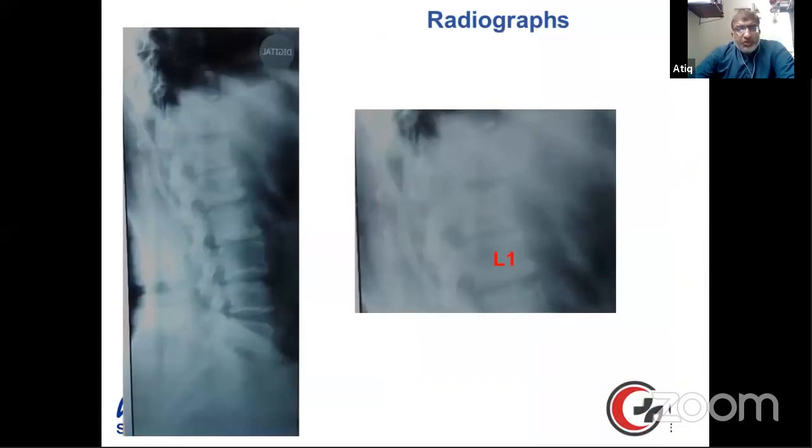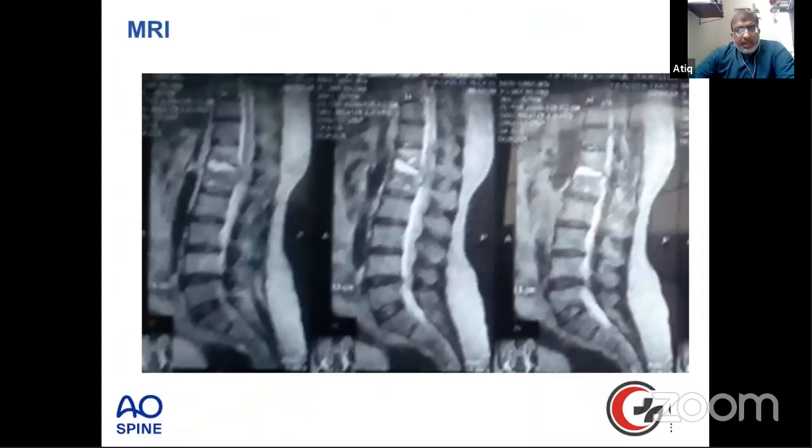The x-rays show that the D12 L1 disc space is reduced, and on the MRI you can see the involvement of the end plate, but the disc is also involved. This picture can be mistaken for pyogenic discitis. So we did a CT guided biopsy, and it showed that it is tuberculosis.